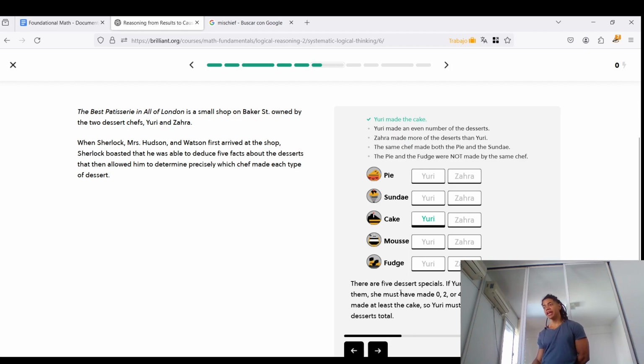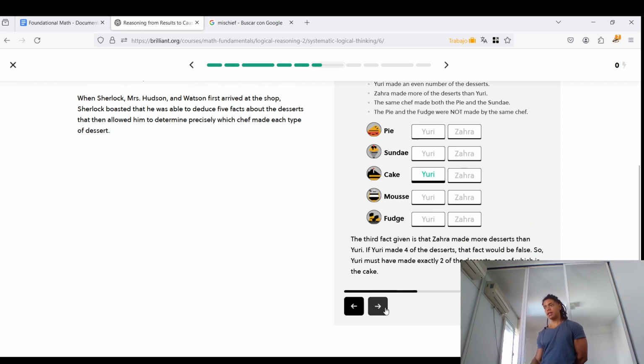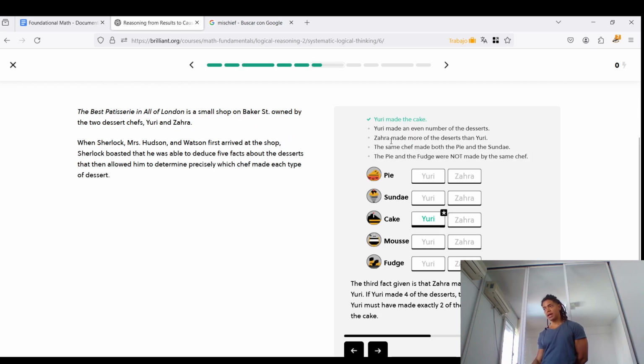The second is, since there are 5 dessert specials here, and Judy made an even number of desserts, Judy can make 0, which is not true, so you discard that, 2 of them, or 4, no more. Okay, you have now a constraint here. So that's great. Then the third fact is that Sarah made more desserts than Judy.